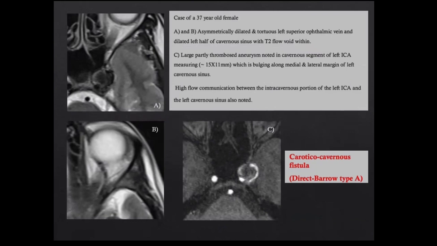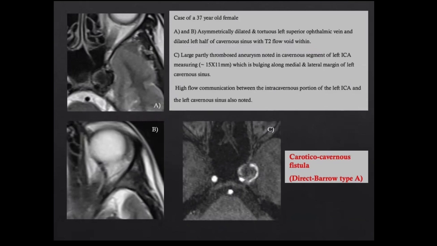A 37-year-old lady presented with headache. Figure A and B revealed an asymmetrically dilated tortuous left superior ophthalmic vein and dilated left half of cavernous sinus with T2 flow voids within.